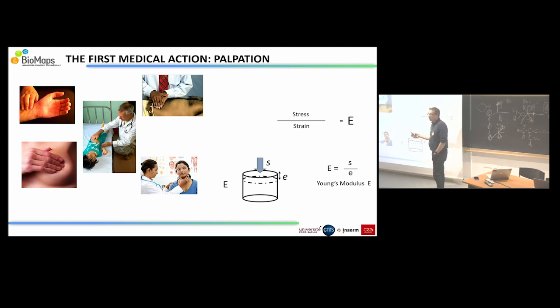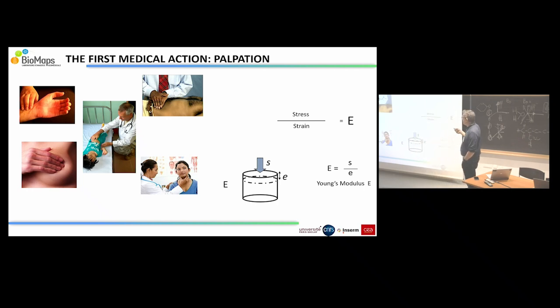When you go to see the physician or the gynecologist, he will palpate the liver to feel if it's hard or soft, he will palpate the breast to feel if it feels some nodules, some balls or something like that. Same on thyroid. And in terms of physics, the palpation is just the way to apply a stress and to feel a strain.